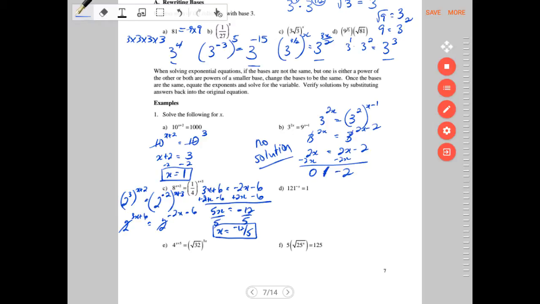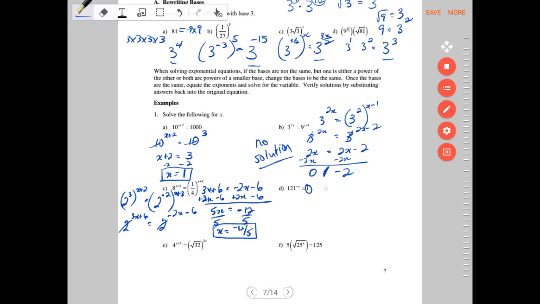Okay, and again you can type that on your calculator and just do a nice check. Part D, 121 to the negative x equals 1. 1's a special case, because remember that anything to the power of 0 equals 1, except 0.